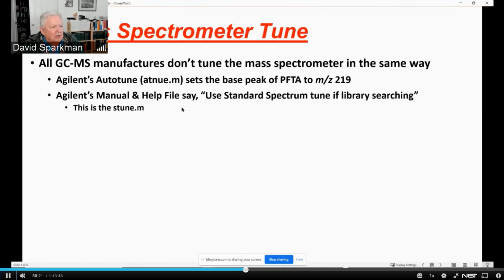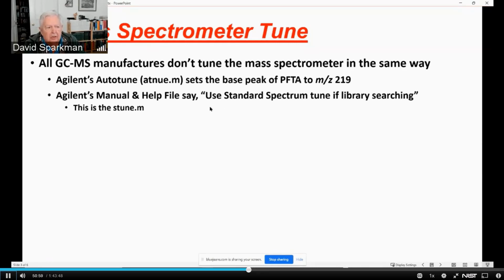The Agilent manual tells you that if you are going to do a library search, then you should use the standard spectrum tune. And this is because some time ago, Agilent changed their routine auto tune to be that of what at that time was called a high sensitivity tune.